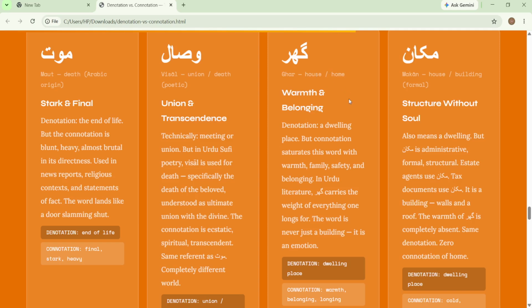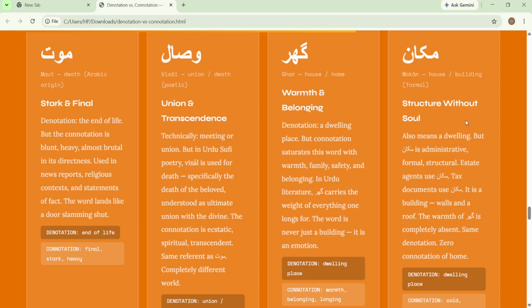So let's look at Ghar first, which is warmth and a sense of belonging. This is connotative in meaning. The denotation is a dwelling place, but the connotation is what describes it better: warmth, family, safety, belonging. It carries the weight of everything one longs for. Whereas Makan is a formal term, a structure without soul.